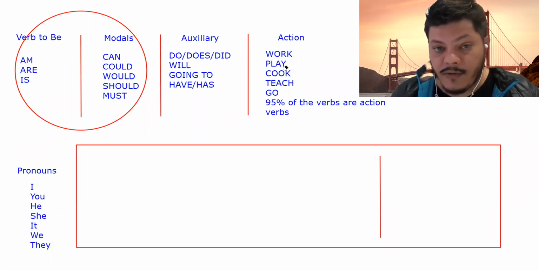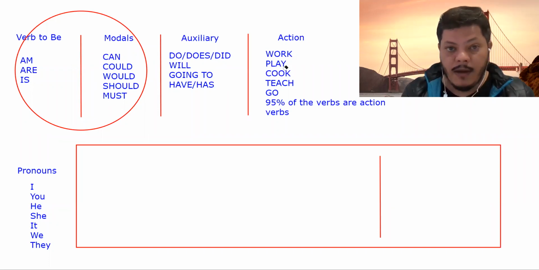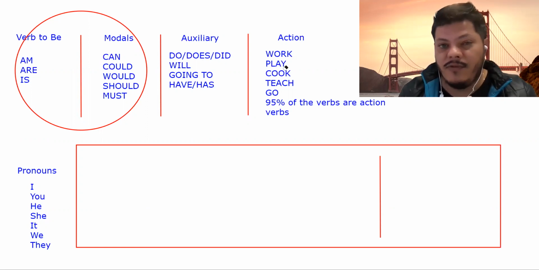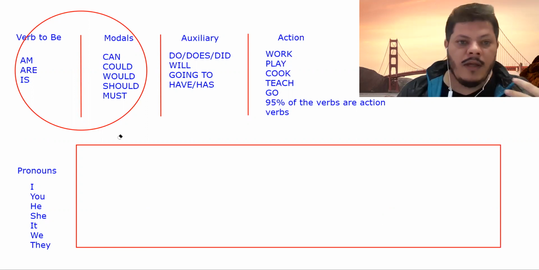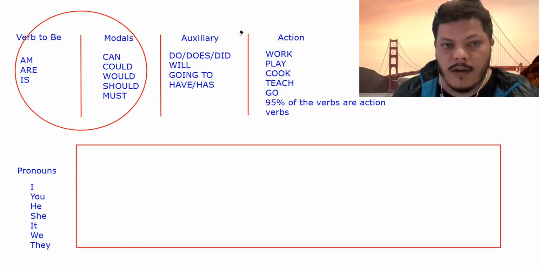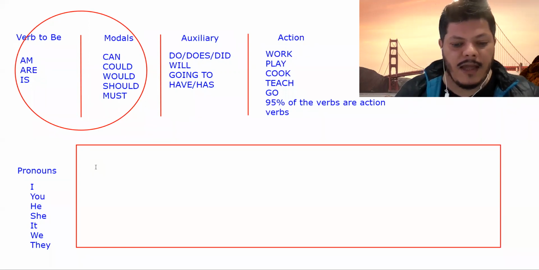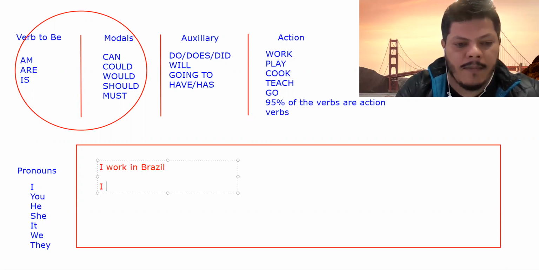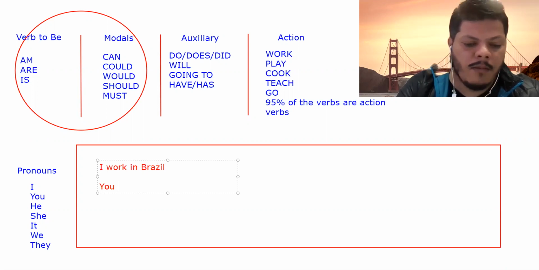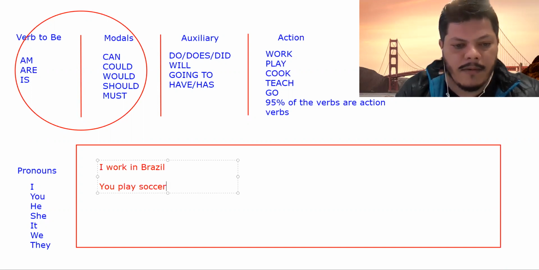So now let's talk about auxiliary and action verbs, because they work together in the same way. If I'm going to use the verb work, for example, I work in Brazil. Or you play soccer very well.